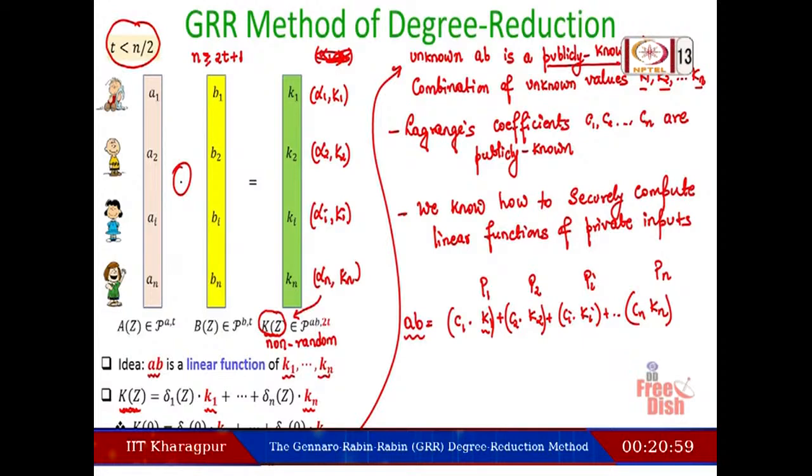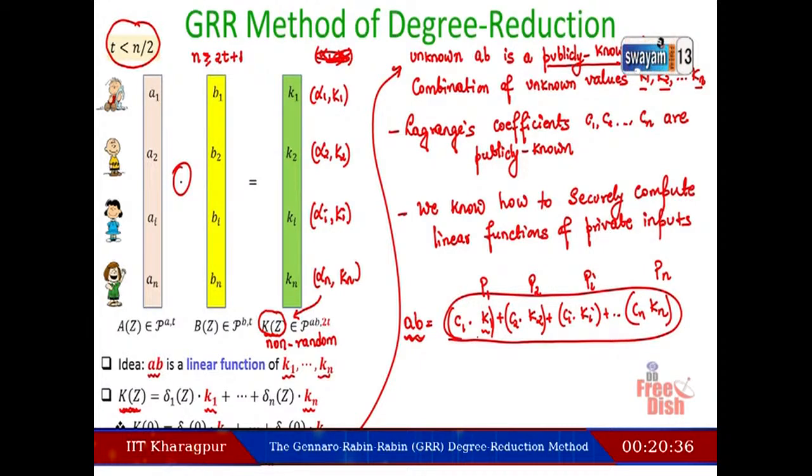We do not want to make A public, we do not want to make B public in the degree reduction problem, and we do not want to make AB public either. Somehow we want to obtain shares of AB lying on a random t degree polynomial, and computing shares of AB is equivalent to computing this linear function in a secret shared fashion.